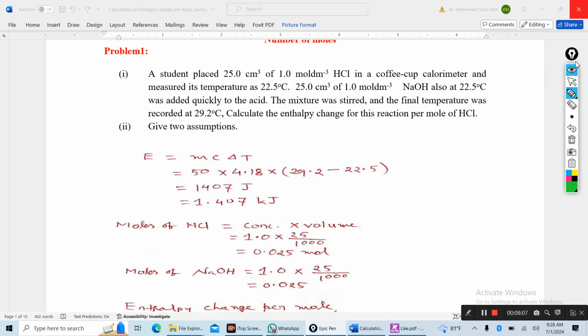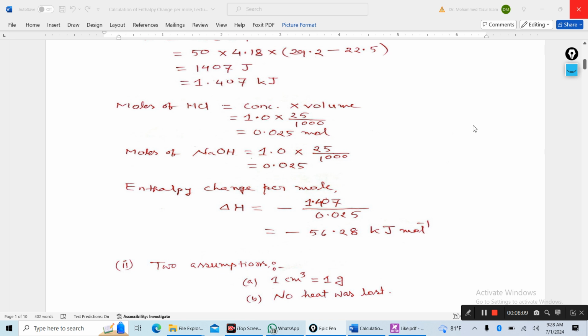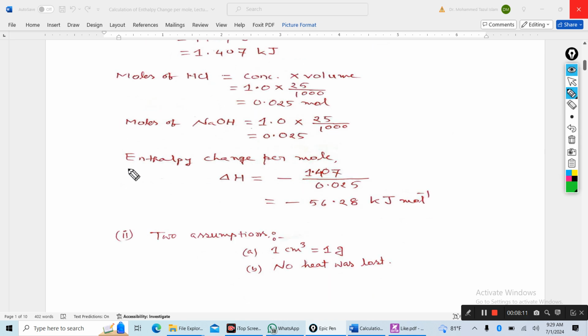Now you calculate enthalpy change per mole, delta H equal minus. Why minus sign? Because temperature increases, so this is an exothermic reaction.